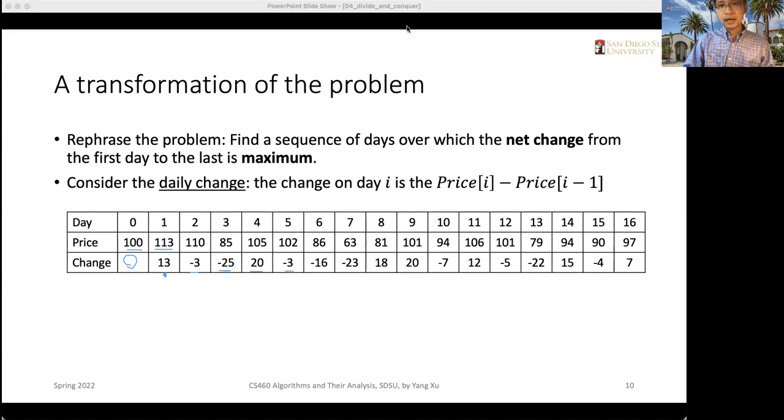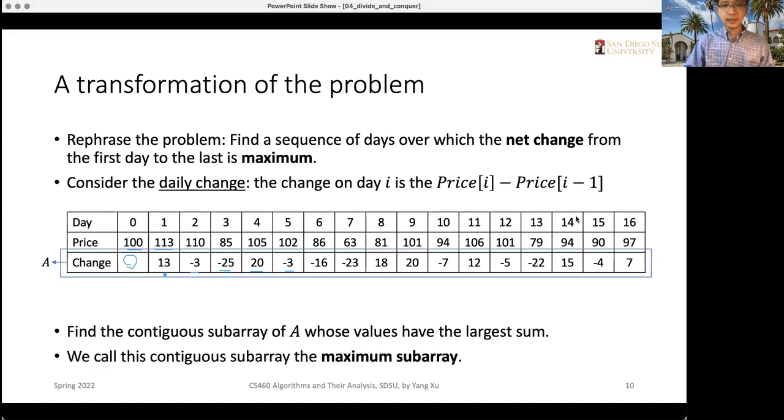But after this transformation, the problem can be rephrased with a difference term. We now want to find a contiguous subarray of A. Notice that A here is the third row, the array of net changes of each day except day 0. A is not the price.